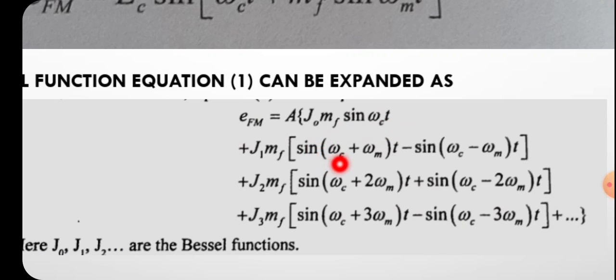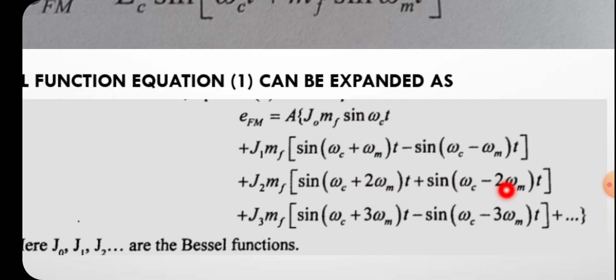The second components are omega_c plus omega_m and omega_c minus omega_m. These represent the upper sideband and the lower sideband, situated next to the carrier frequency fc, one on each side. Similarly, the next components are omega_c plus 2 omega_m and omega_c minus 2 omega_m, situated 2 fm away from the central frequency fc.